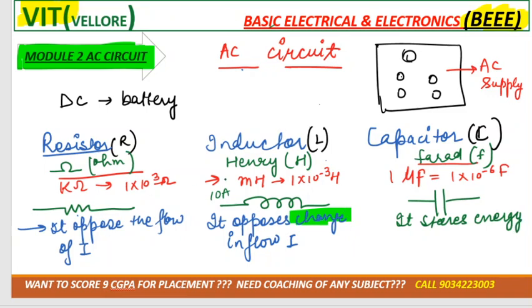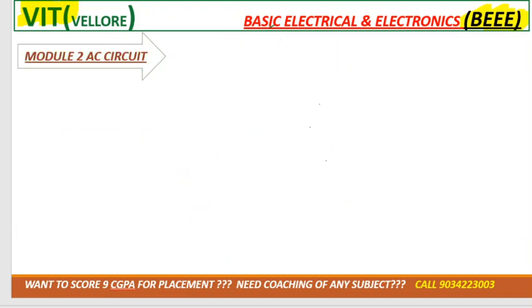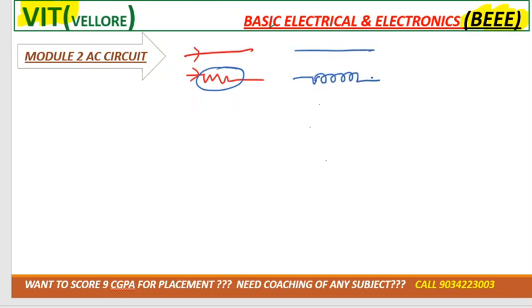So we have the resistor, inductor, and capacitor, right? Now I'll ask you one simple question. We are having one plain wire and one wire with a resistance. In which case can current flow easily? The plain wire or the resistance one? The plain wire, right? Resistance opposes the flow of current. If you again have a plain wire or a wire with an inductor, then in which case can current flow easily? The plain wire.